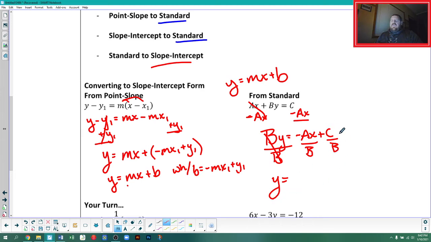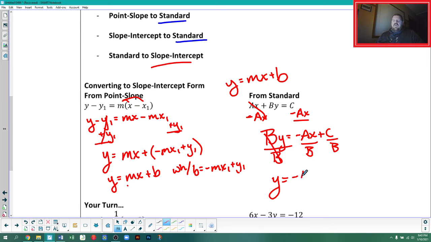All right. Now this part should look familiar. When we graphed in standard form, we said that the y-intercept was always our c over our b. It came from the cover-up method. The other thing that we could have talked about in standard form was that the slope is always the opposite of a, so negative a, over b. And that's what's going to give us our slope right here.